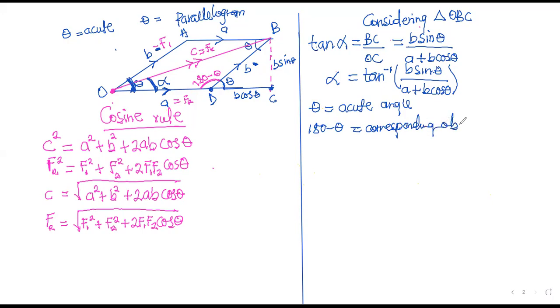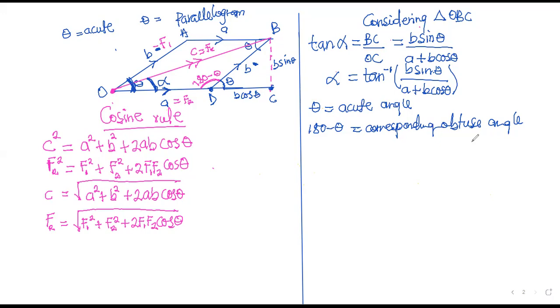When you take 30 degrees, its corresponding obtuse angle is 150. When you take 60, its corresponding obtuse angle is 120. When you take 70, its corresponding obtuse angle is 110.